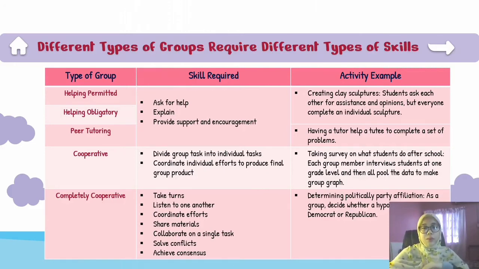Next, for the cooperative group, the skills required are dividing group tasks into individual tasks and coordinating individual efforts to produce the final group product. The activity example is taking a survey. Lastly, for the completely cooperative group, the skills required are taking turns, listening to one another, coordinating efforts, sharing material, collaborating on a single task, solving conflict, and achieving consensus. The example activity for this group is determining a political party affiliation.